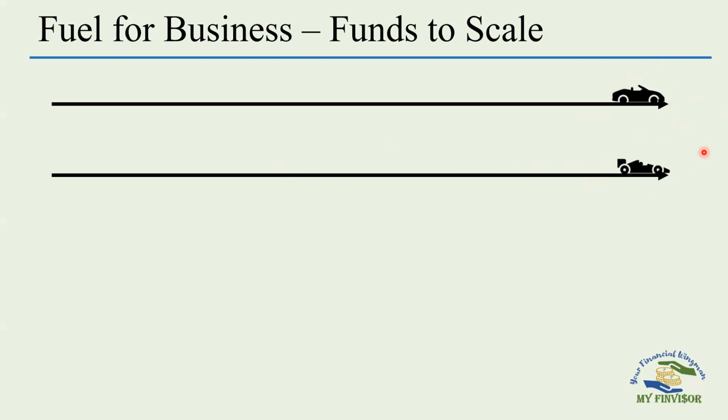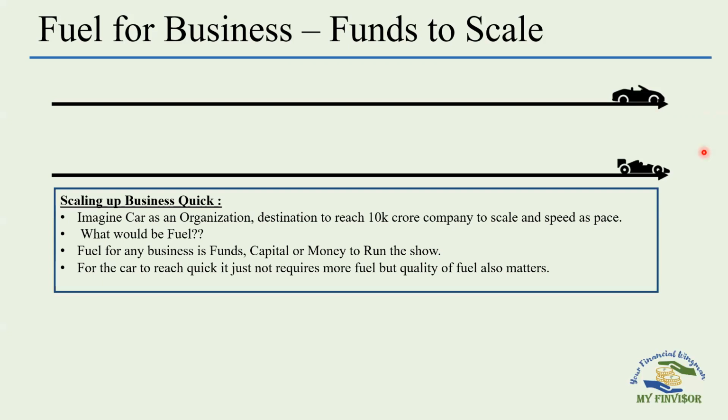Now I'm just taking this example into an organization. Let us take a company scaling from point A to point B as in the above car, and point A to B in the below car. Okay, now what is point A? Start of the company, where the company's valuation is 0, and let us say B is a 10,000 crore company.